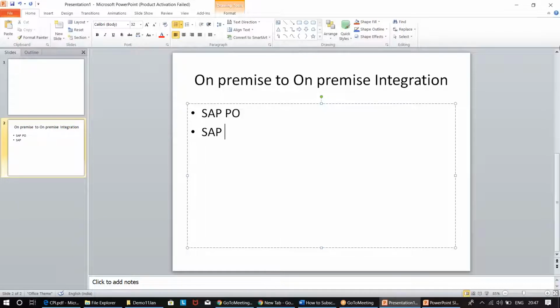The first one is your SAP PI, which is your process integration. Your second part is your SAP BPM.